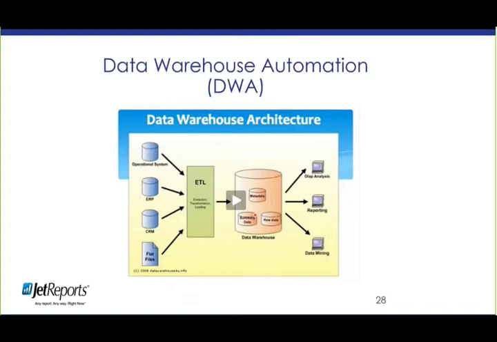Okay, so how does it happen? I bled over a little bit into this, but you can think of Jet Report's DWA tool, which we call the Jet Data Manager, as a code-generating machine. The cool thing about it is that it uses all the tools that are in the Microsoft BI stack. So that's SQL Server Integration Services, that's Analysis Services, that's MDX, multi-dimensional expressions, right?